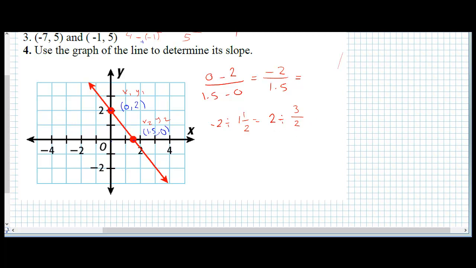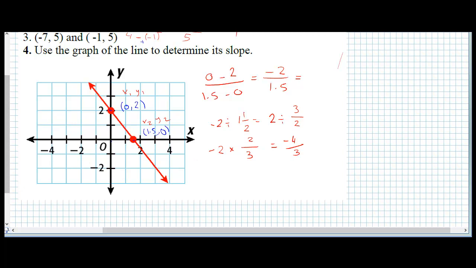To change the divide to multiplication, we flip the fraction, so negative 2 multiplied by 2 over 3 is negative 4 over 3.